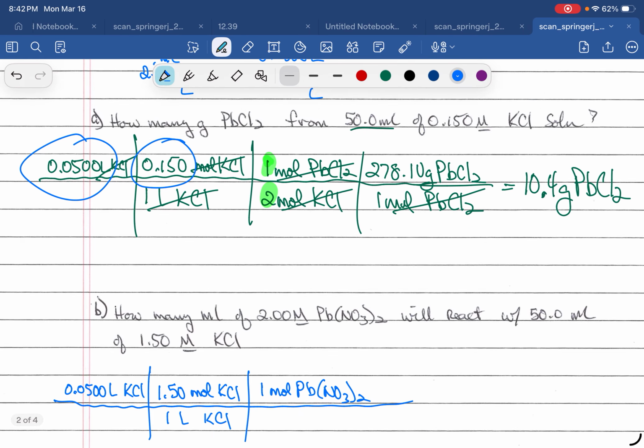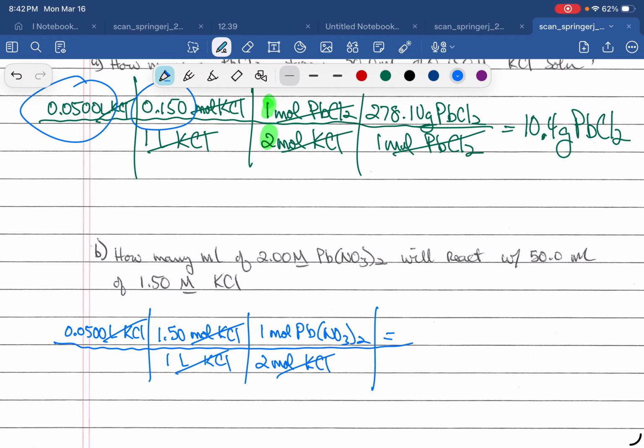And now I don't need the molar mass anymore, because when I'm done here, I'll have moles of Pb(NO3)2. Actually, let's just keep going. Let's not do the intermediate at this point.